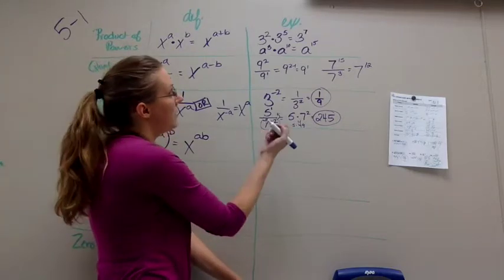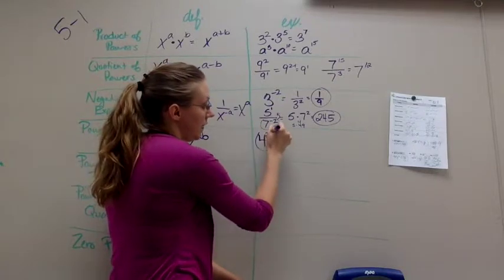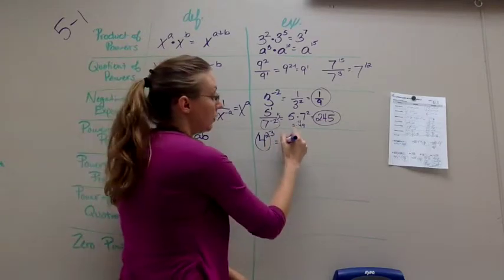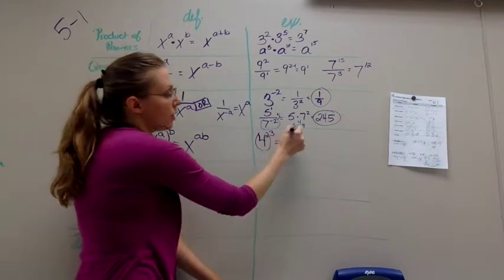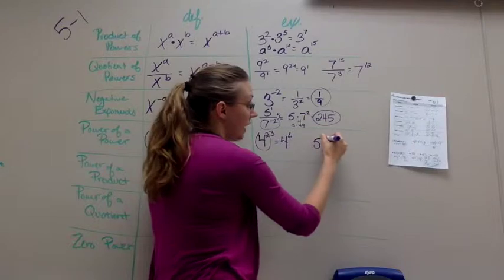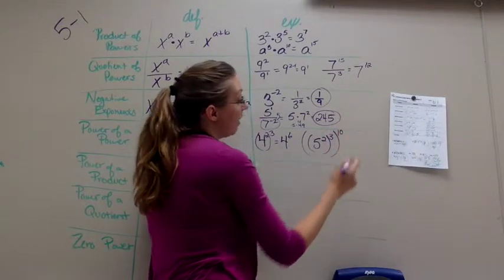So if we had, let's do 4 this time. Let's do 4 squared and then to the third. This can be simplified quickly, not to 4 to the 5th, which would be if they had the same bases and being multiplied, but 4 to the 6th power. Say we had 5 squared, and then that was raised to the third, and then that was raised to the 10th.